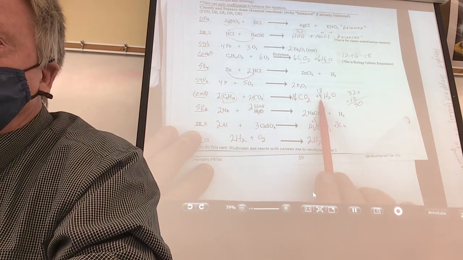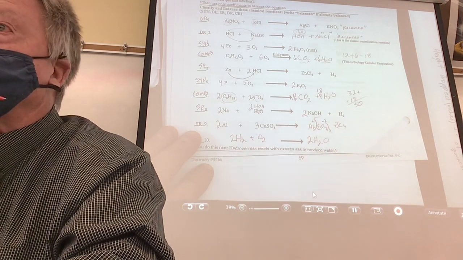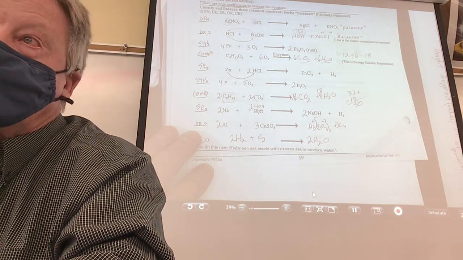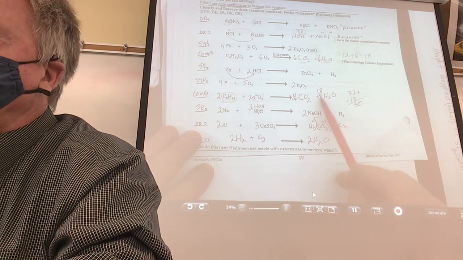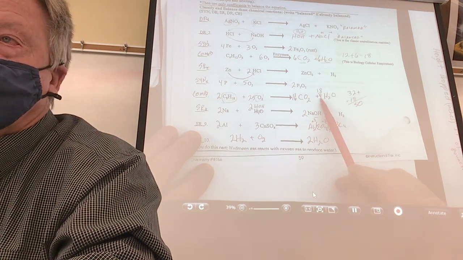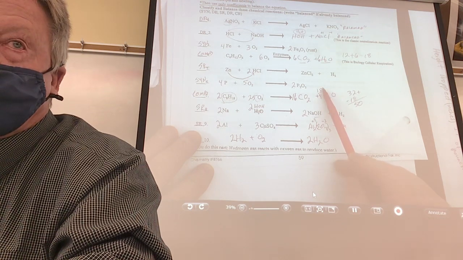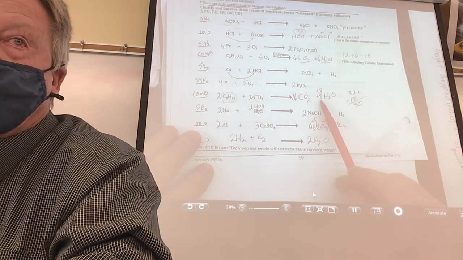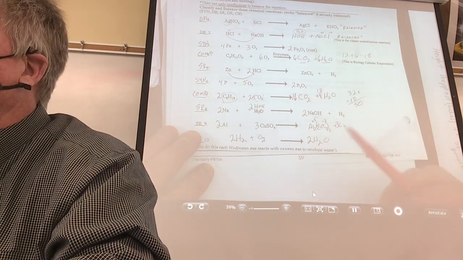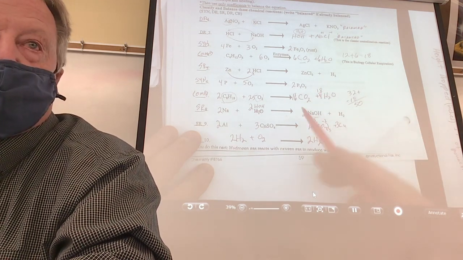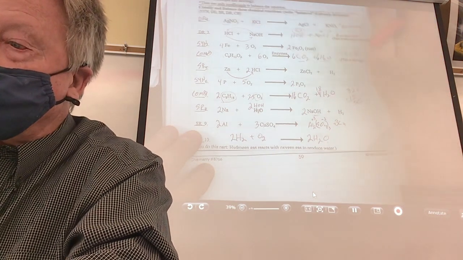But if you ever put an odd number in front of the water on a combustion reaction, it will not balance. So what's our trick here? If you're supposed to put a 9 here, you don't put a 9. What are you going to put? 18. What if you're supposed to put a 3 here? 6. Everybody got that? So that's a trick that nobody ever taught me. I remember being frustrated with some of these combustion reactions, and I didn't know there was a trick to it.